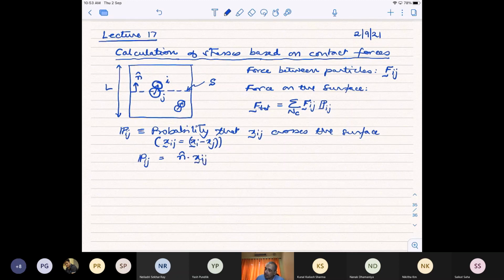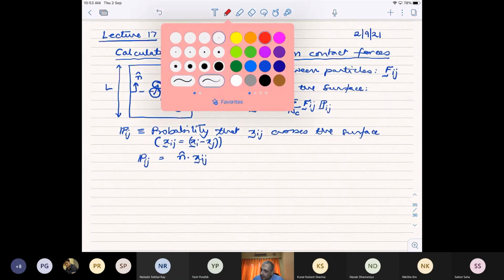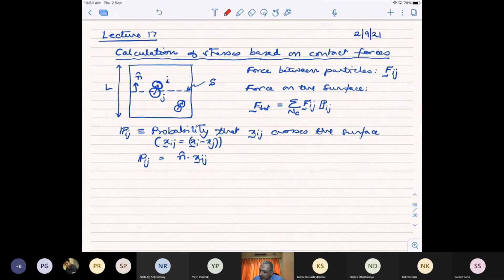So this is a component of the vector Xij in the direction n. It's a scalar quantity. So essentially the particular length I'm talking about is this.